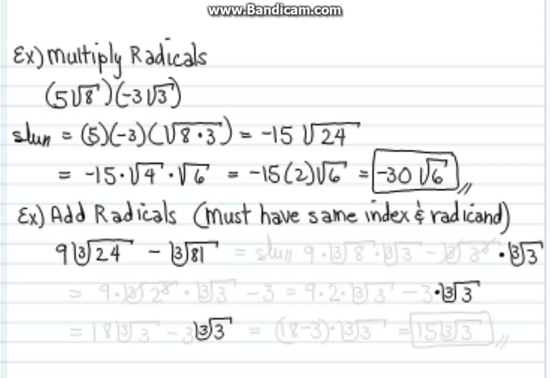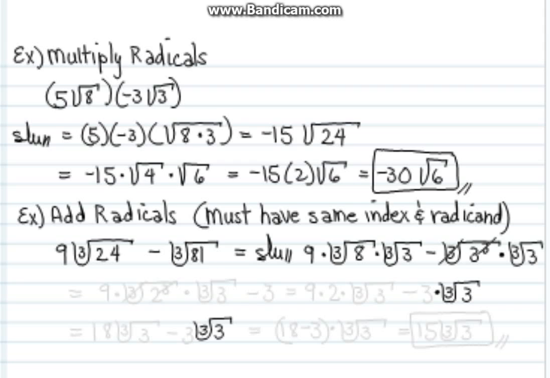So the first radical, this cube root of 24, we can bust that apart. 9 times the cube root of 8 times the cube root of 3. Now we're able to do that because 8 times 3 is 24. And I brought the cube root of 8 in the front because I know that's a perfect cube. I'll be able to get a nice number from that. Okay, now just bring down the second term, minus 3 times the cube root of 81, which is 3 cubed.